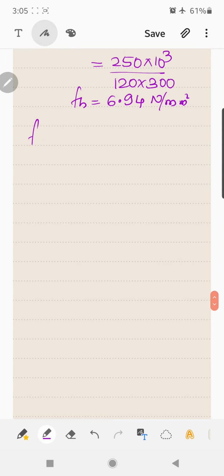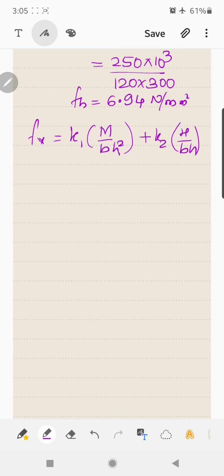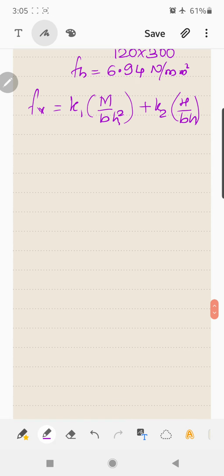Now calculate Fv. This was the horizontal stress. The vertical stress Fv, the formula given by Magnel, is K1 into M by B into H square plus K2 into H by BH. This is the formula where M is the bending moment.